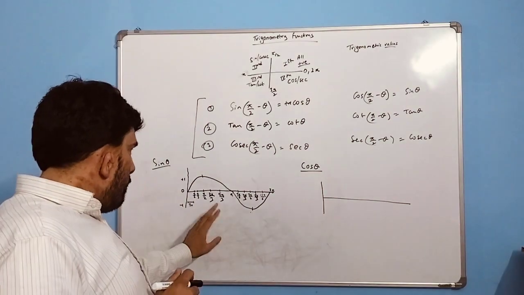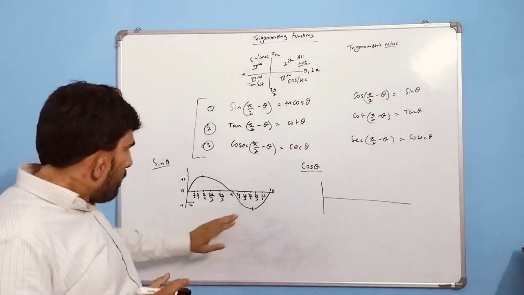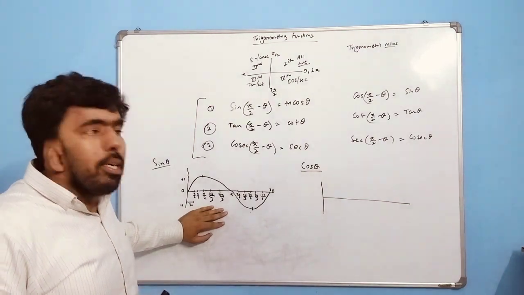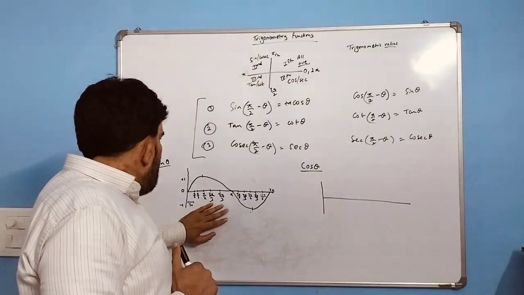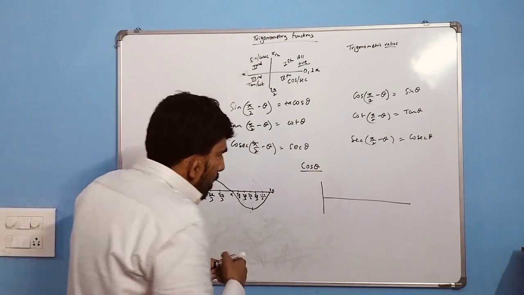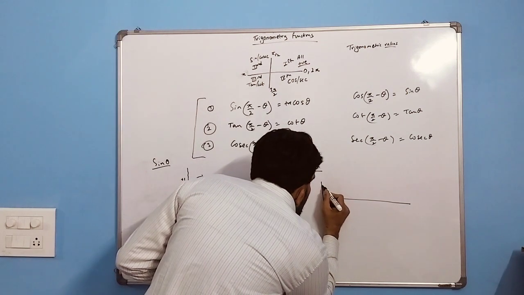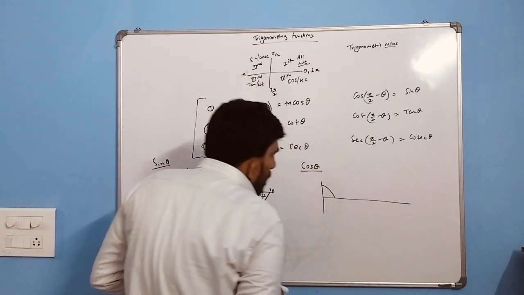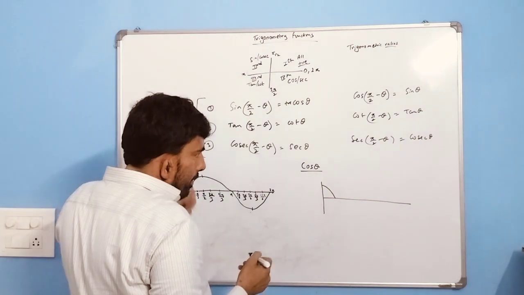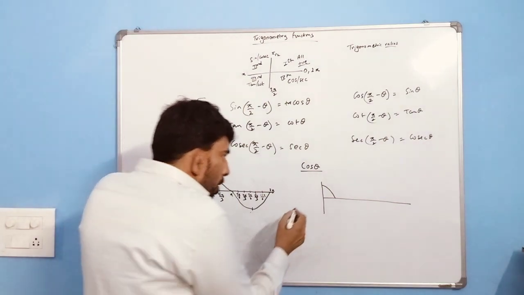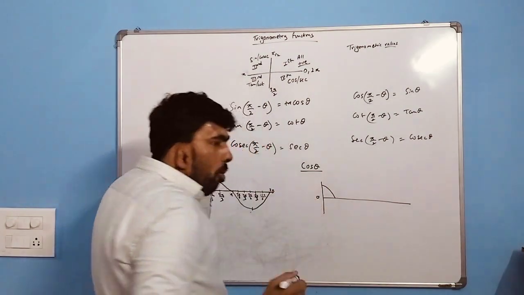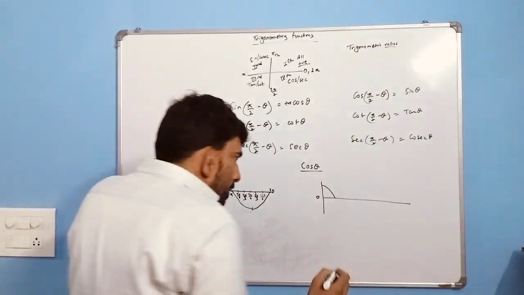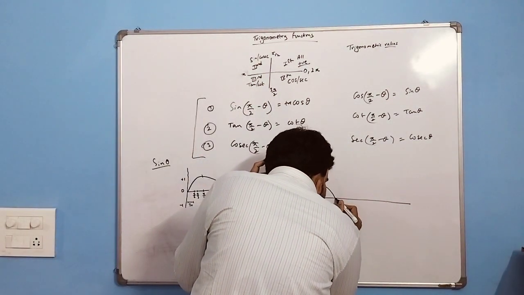So this graph will be different from the sine graph. Okay, so we'll make it like this, because now it will be changed totally. It will be changed totally because the 0 value of cos comes at 90.